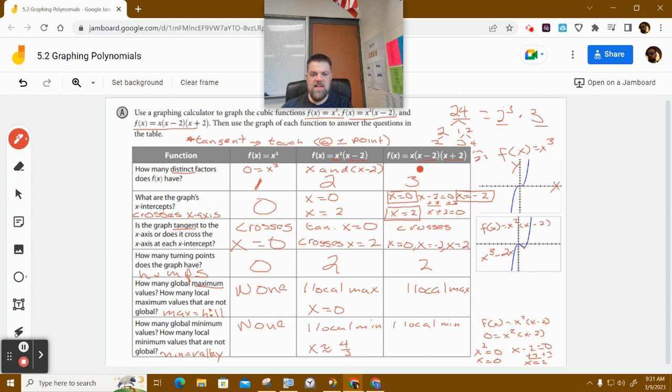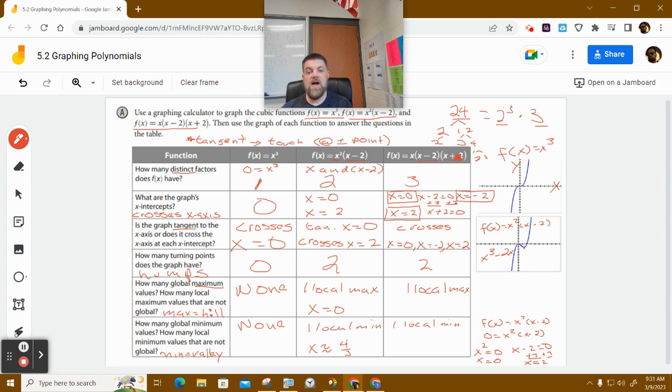So what I'm saying is it has 1, 2, 3 factors. I can set each one of those factors equal to 0 to find the x-intercepts, because the x-intercept occurs when f of x or y equals 0.